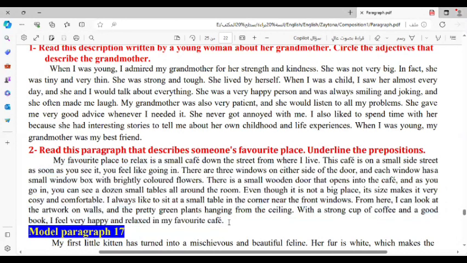Yes, it's your turn all to give me some adjectives and prepositions. Let's start with adjectives. Yes, can you give me some adjectives? Small. Yes, which line?